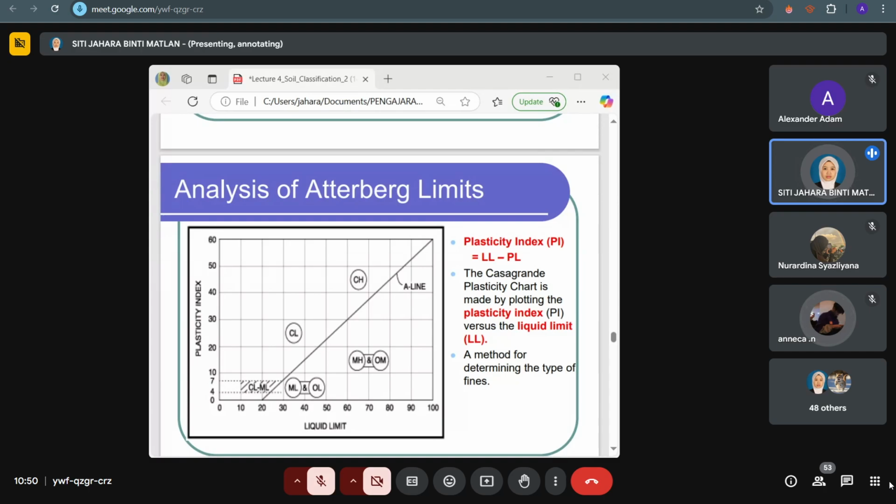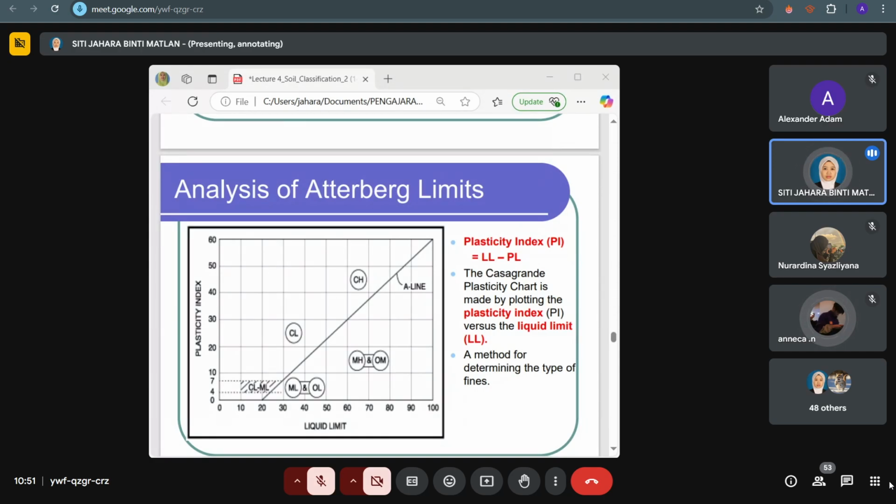Okay, so based on the Casagrande plasticity chart, which you can see on the left side, the chart plots the plasticity index PI on the vertical axis, which is the y axis, and the liquid limit on the horizontal axis, the x axis.